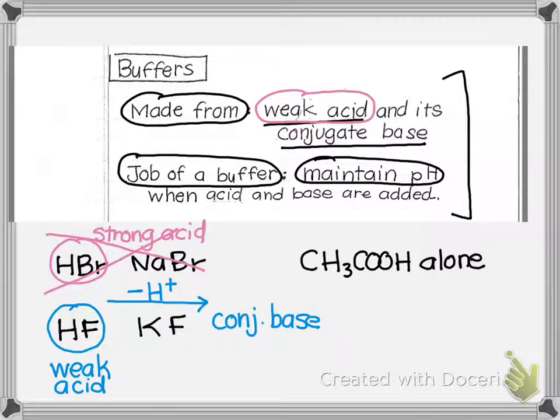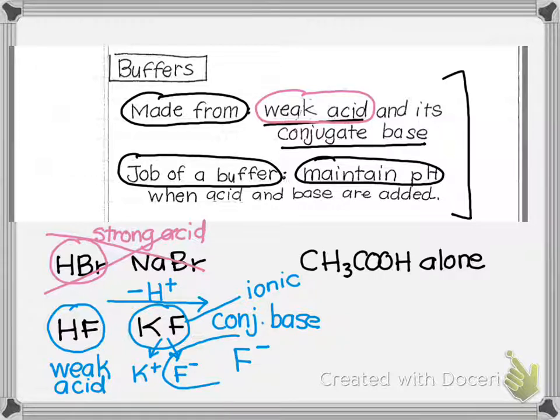So taking away H+ from HF, we would just have F-. Now looking, they put KF. And here's the thing. KF is an ionic compound. Ionic compounds, we've learned previously, dissociate or fall apart. So when I put KF in solution, it would dissociate into K+ and F-.